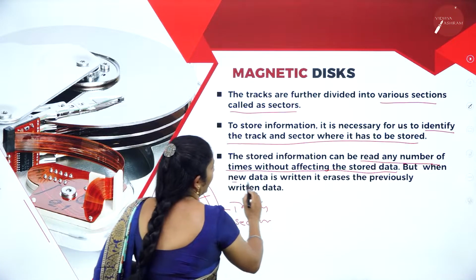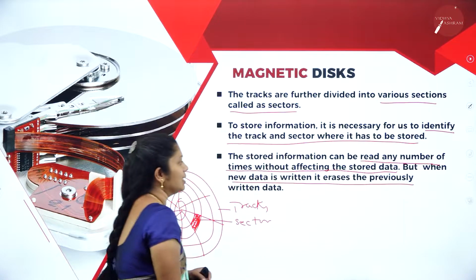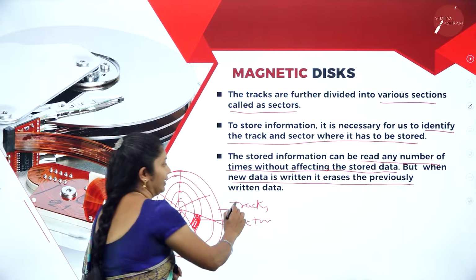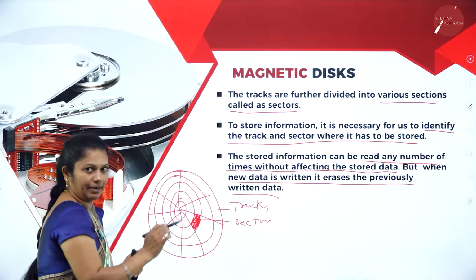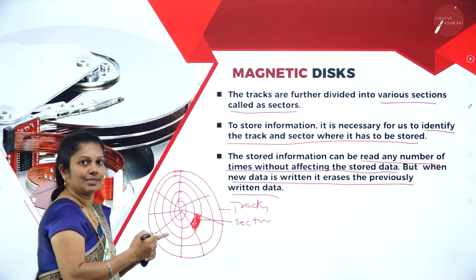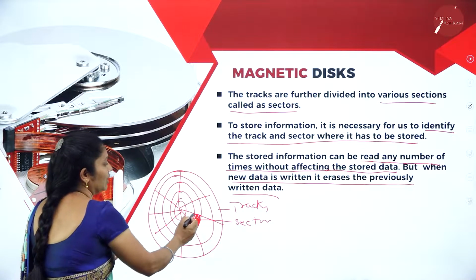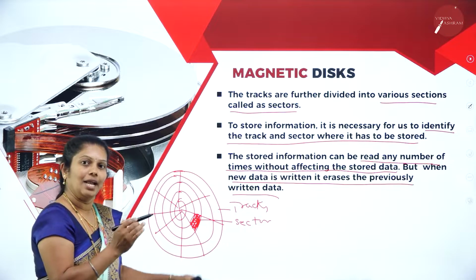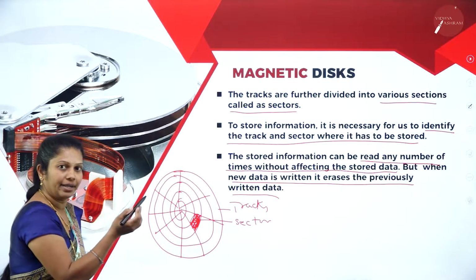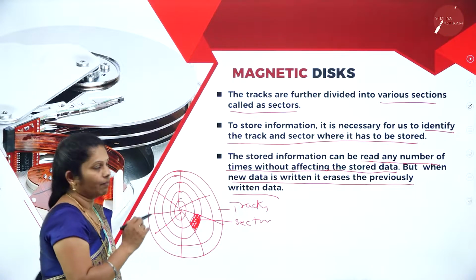But when new data has to be written, it erases the previously written data. For example, consider that in this particular sector we have some data. If I want to insert some more data in the same sector, first I have to remove the data present in that sector. Later on, I can insert some data in the same place.